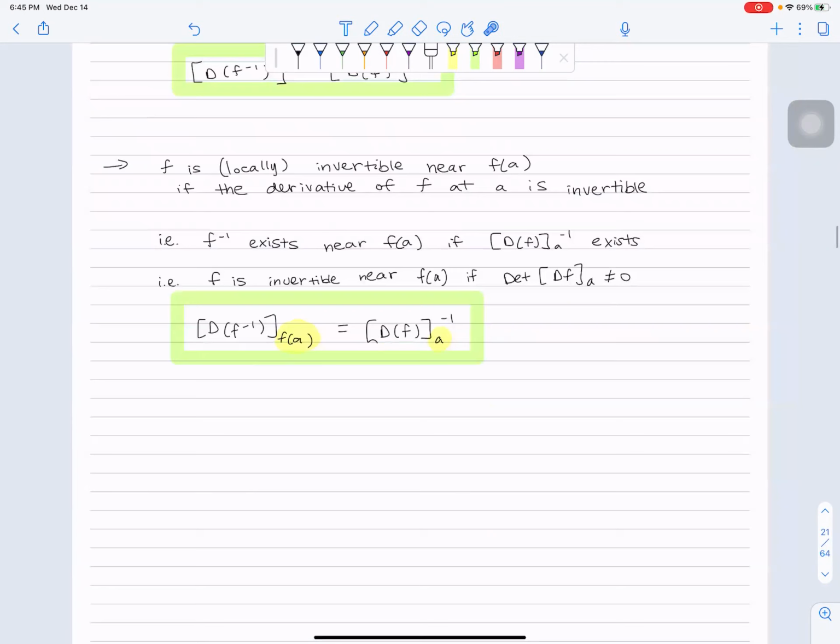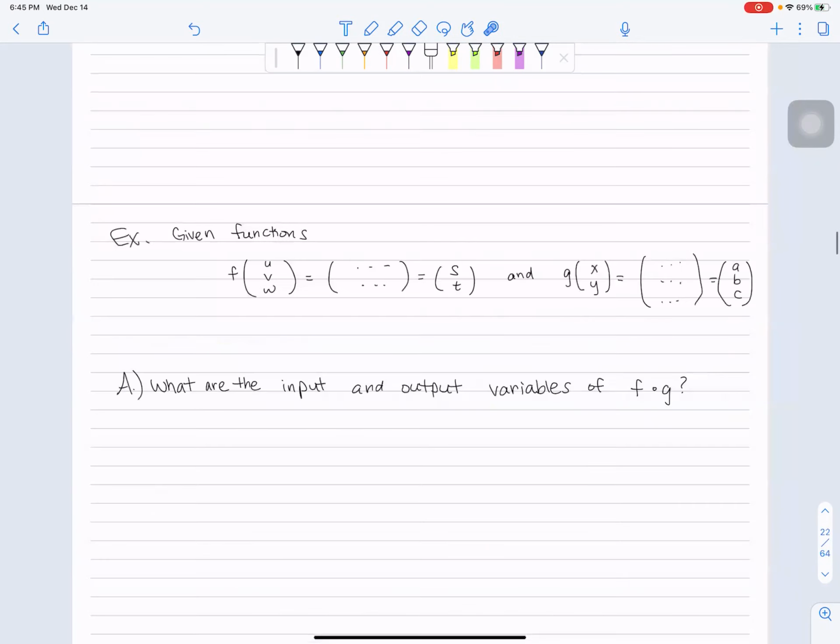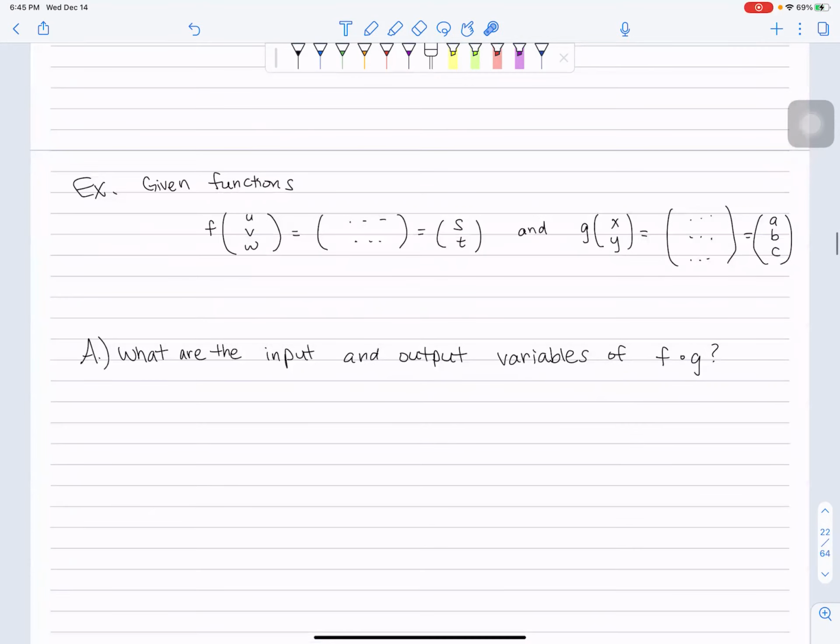Okay, so we can do an example. Say you have a function, they usually write it in this format, so be familiar with this format. These are your inputs, U, V, W. And over here you see a random S and T, but these are the labels for your outputs.